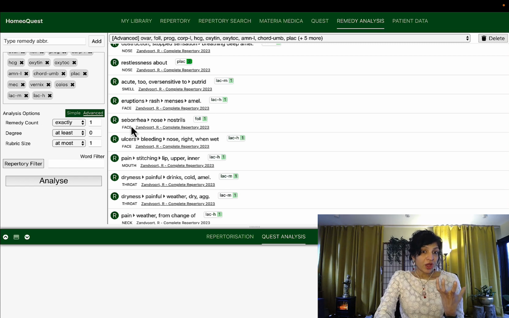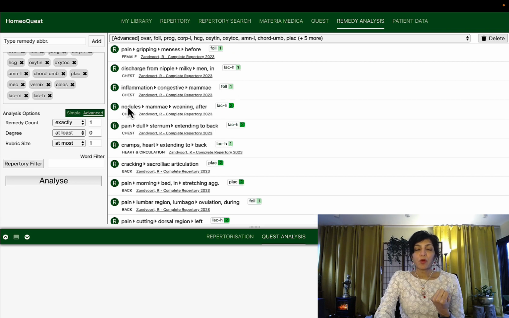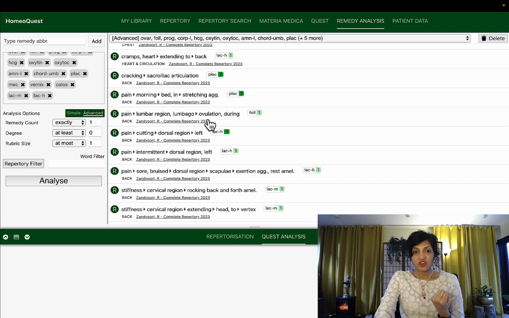But if you have seborrhea of the nose, you have folliculinum. When you have a neck sprain, lac humanum has the most specific action on neck sprain. Any form of nodules in the breast after weaning, mastitis, lac humanum is a near specific here. Pain in the back during ovulation, folliculinum is a specific.